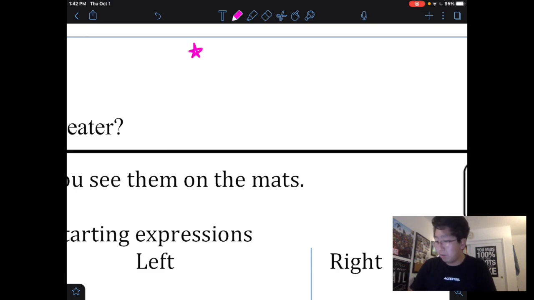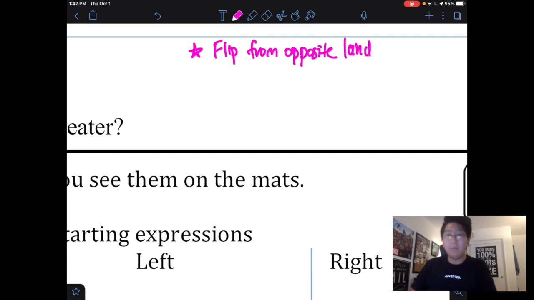Hopefully you're able to recognize that you're able to flip from opposite land. You're allowed to create zero pairs.